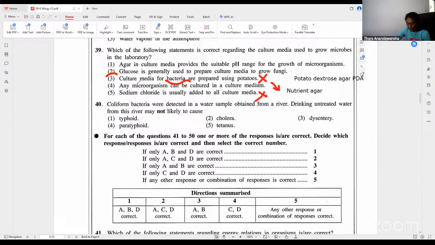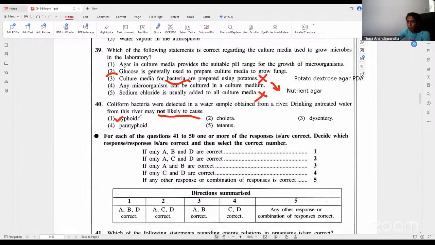Let's go to the 40th question. Coliform bacteria were detected in a water sample obtained from a river. Drinking untreated water from this river may not likely cause which disease? That means you have to select which is not a waterborne disease here.